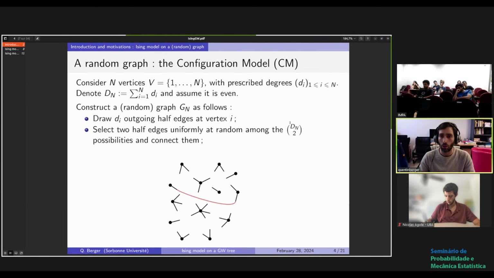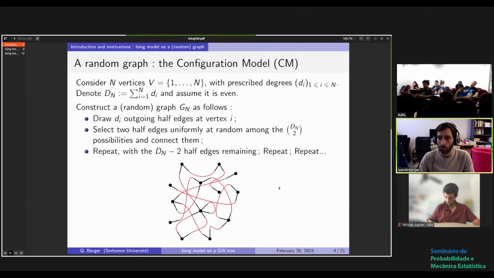You have (d_n choose 2) possibilities, where d_n is the total degree of the graph, which you have to assume is even. You choose two half edges at random and you connect them. Then there are d_n minus two half edges remaining, so you choose two of them at random and you connect them. Then you repeat and repeat, and you have a random graph.